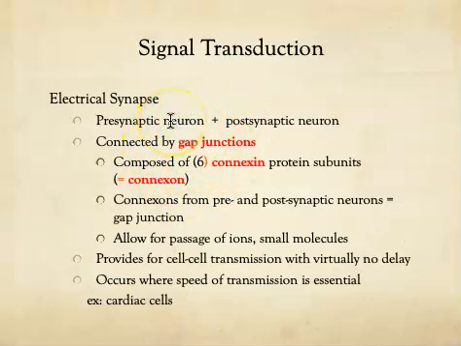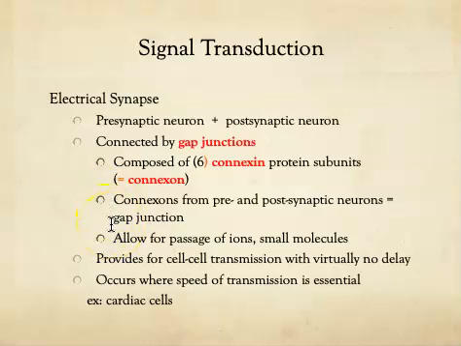When you look at the structure of a gap junction, it's made out of 6 individual subunits of protein. These are called connexin proteins. And the 6 of them all joined together creates what's called a connexon. So connexons in the presynaptic membrane and connexons in the postsynaptic membrane are going to join together to create a gap junction.